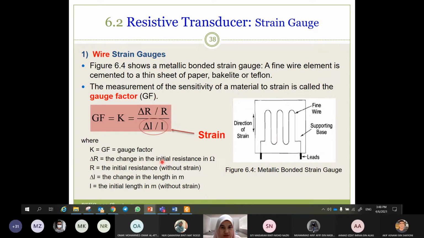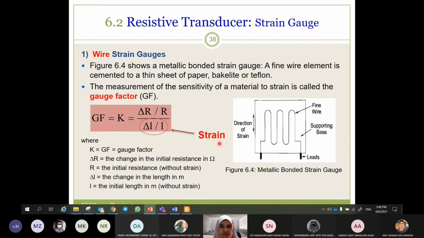So the change is denoted as del R. R is the initial resistance without strain. Del L is the change in the length in meter, and L is the initial length in meter without strain. The fraction del L over L is called strain.